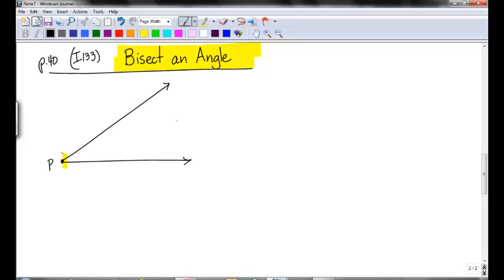So there's going to be a large arc that will come all the way through here. Okay, and don't change the size of your compass yet. Label this as point Q where it intersects, and label this as point R where it intersects.